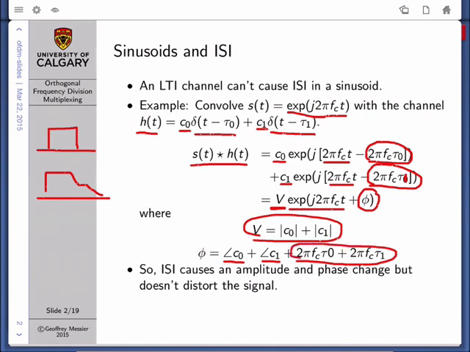So what we see here is that dispersion will change the amplitude and phase of the sinusoid, but it doesn't change the frequency of oscillation, and it doesn't change the fundamental shape of the sinusoid itself.